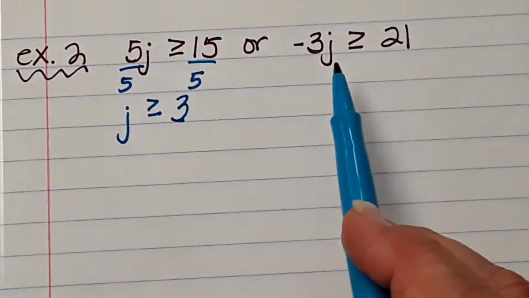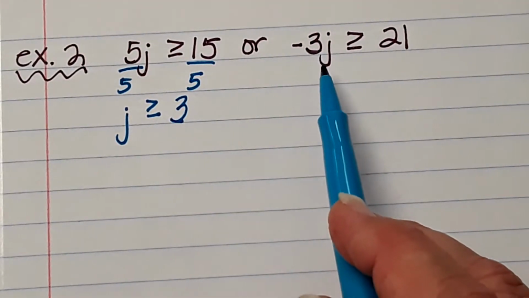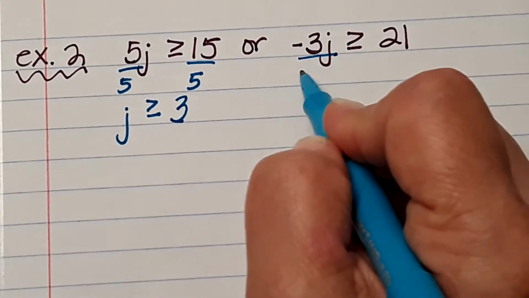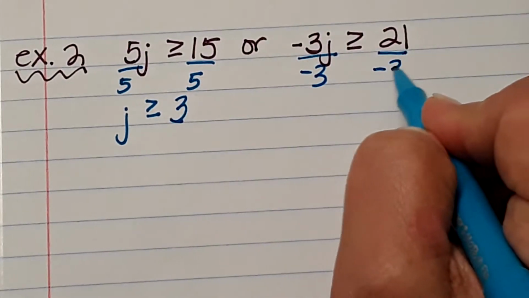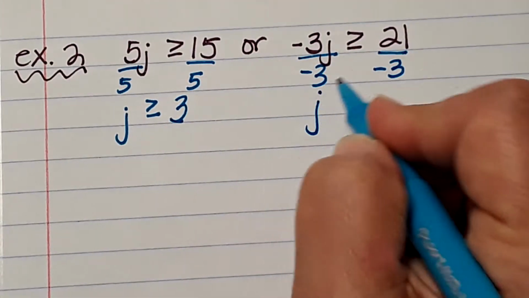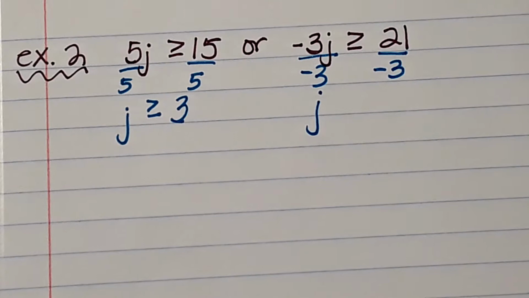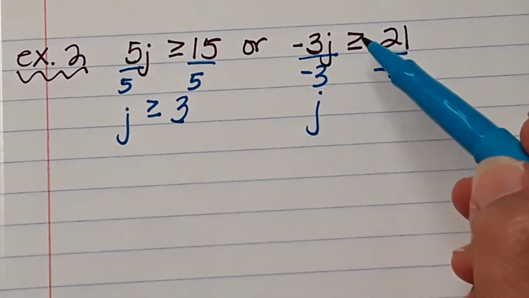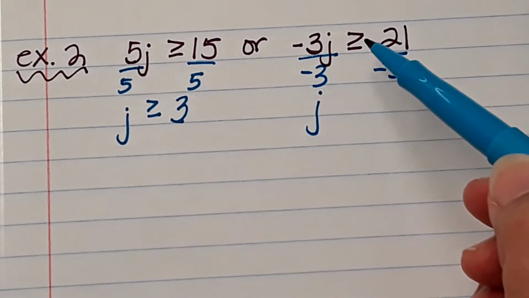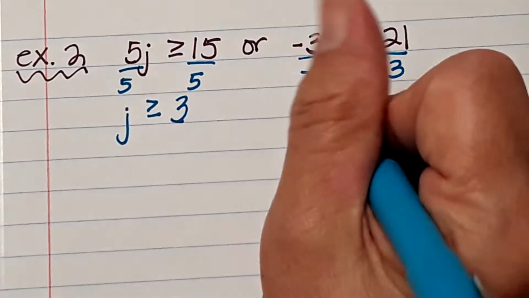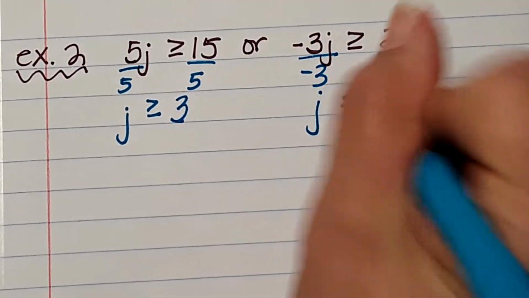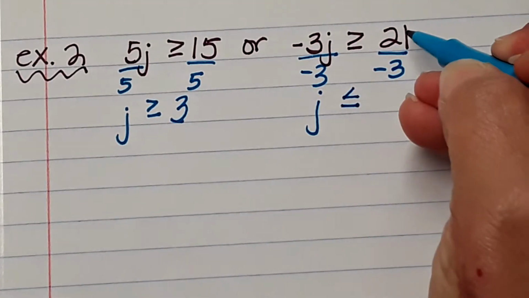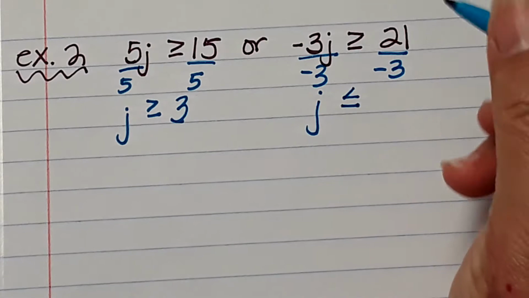Now, what am I going to divide by here? -3. I have J, but I divided by a negative. Which sign flips? The inequality sign. It was greater than, so now we flip it so it is less than or equal to. And what is 21 divided by -3?